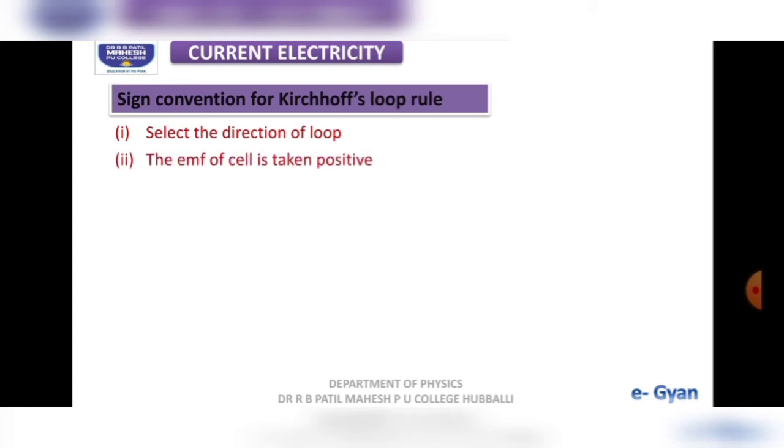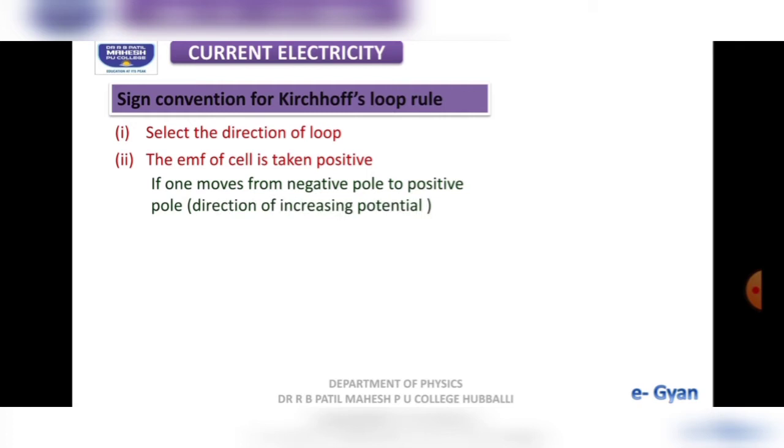Second point, EMF of cell is taken positive if one moves from the negative pole to the positive pole of a battery or a cell, that is, if one moves along the direction of increasing potential. Now let me explain with this.